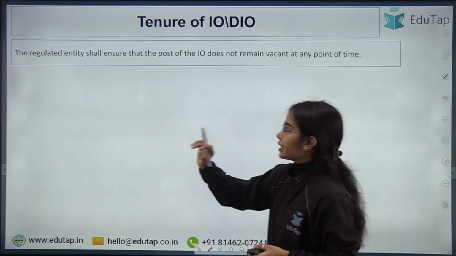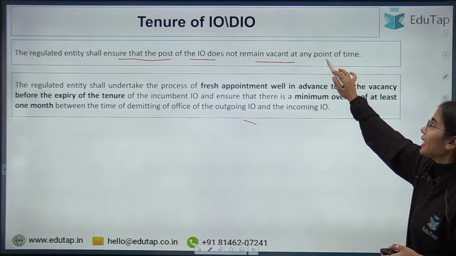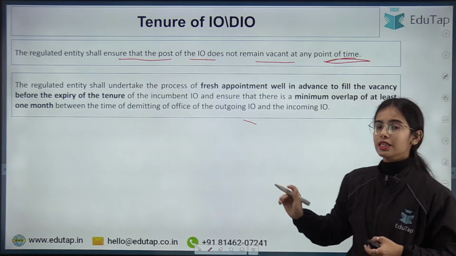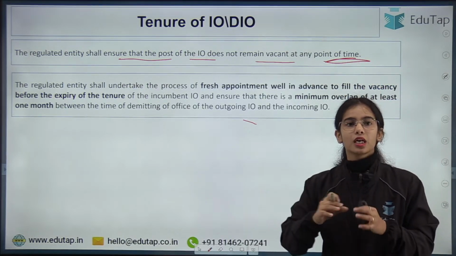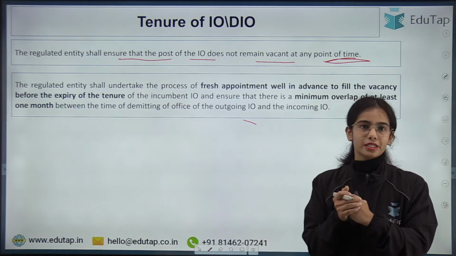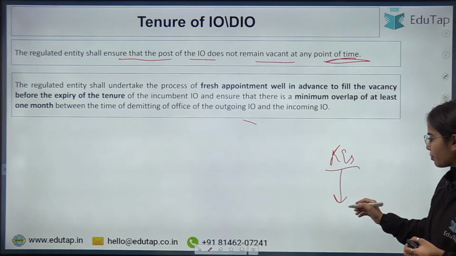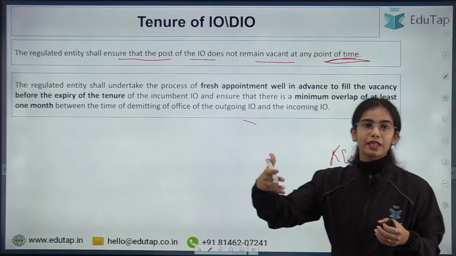Now, the regulated entity shall ensure that the post of the internal ombudsman does not remain vacant at any point of time. Let's say you know that by next month the person will complete their tenure, or will retire by the end of next year.